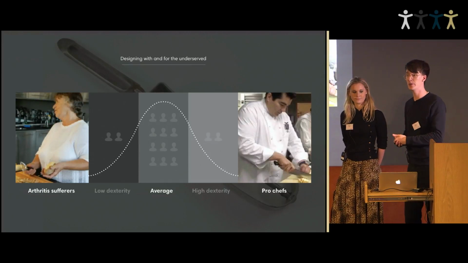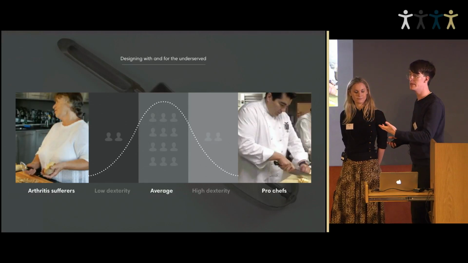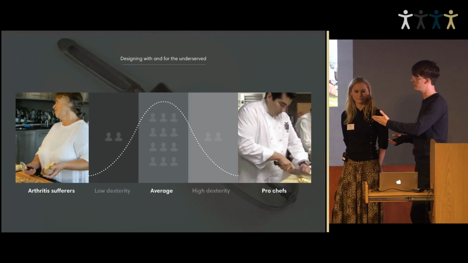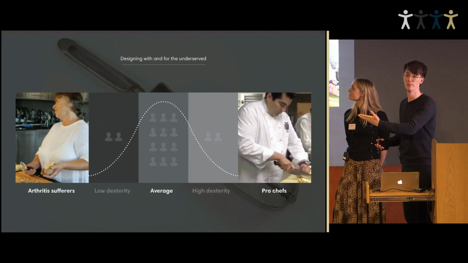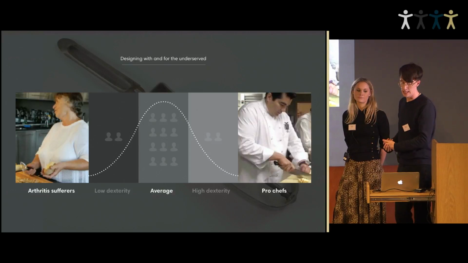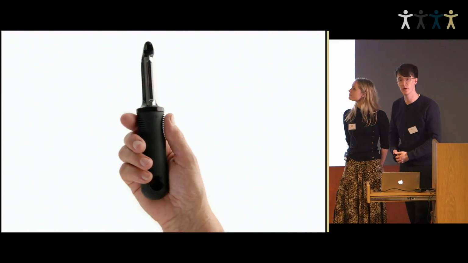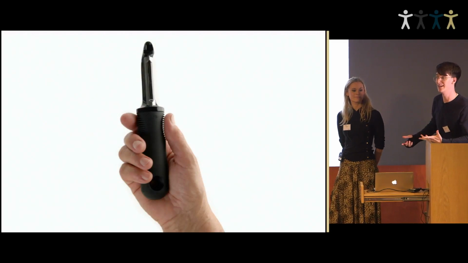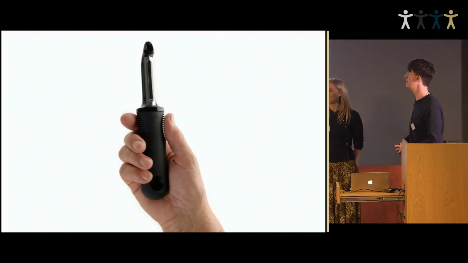They argued that by looking at both of these types of people, you could design a product which would work for everyone much better than the existing products would. And that's what they did, and they came up with the hopefully now famous OXO peeler.